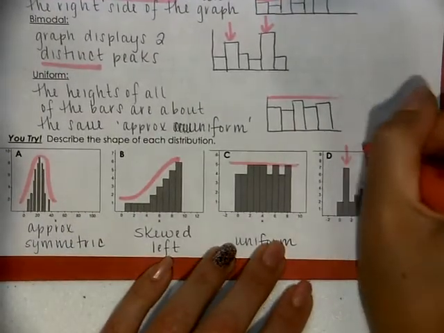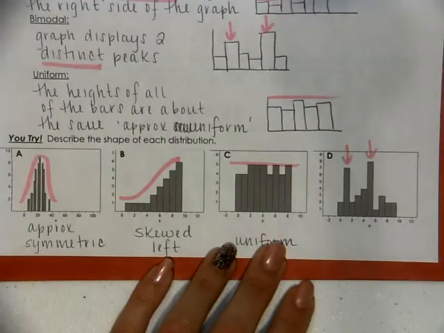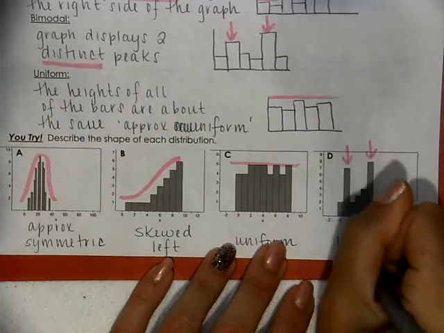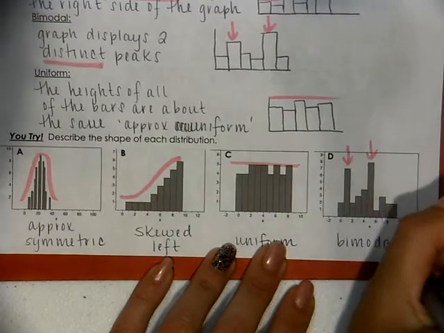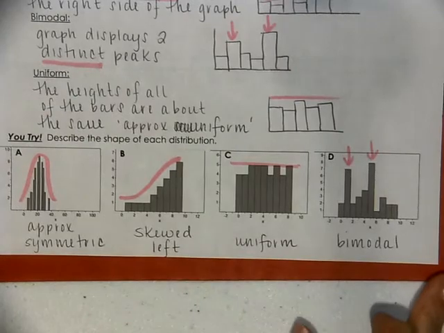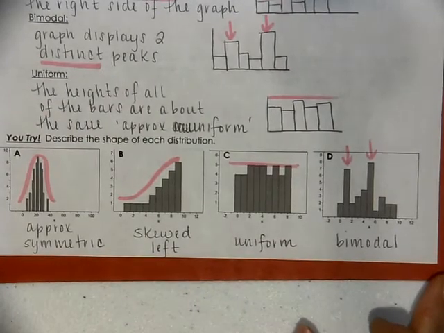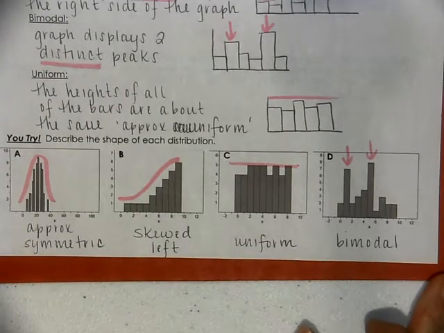Then letter D has those two distinct peaks, and we call that bimodal. So that should cover shape. Now let's move on to outliers.